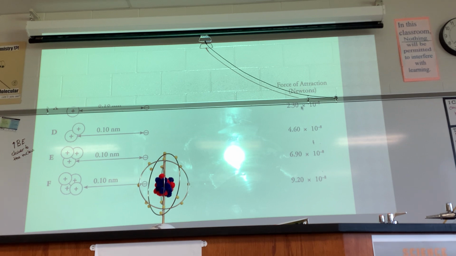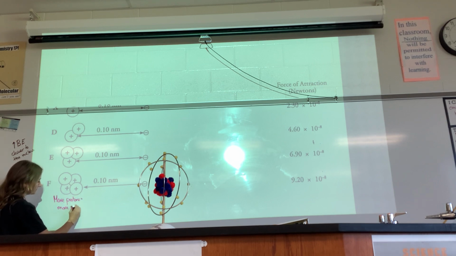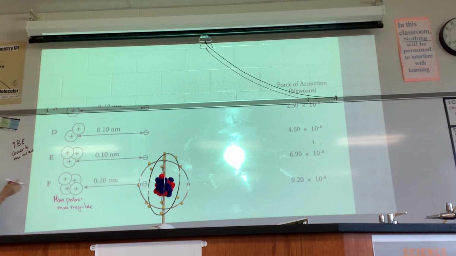Notice force of attraction is getting bigger because you have more protons. More protons means more magnitude, more love. So there's a greater attractive force the more protons something has.